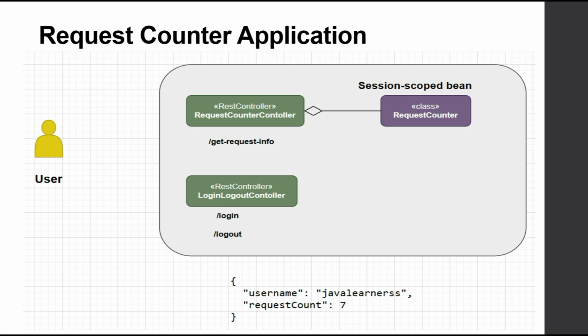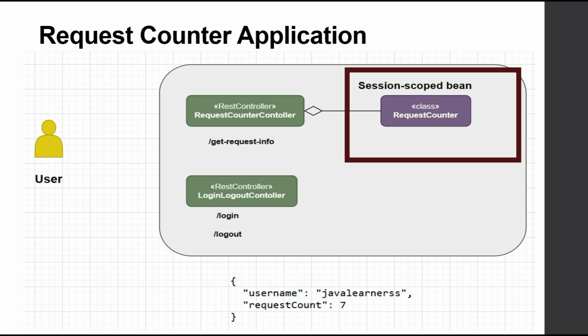The requests are tracked per session, so the request count must be maintained throughout the session. To maintain the request count throughout the session, we use a session scope bean that stores the request count. The session scope bean, RequestCounter, contains a variable requestCount that stores the number of processed HTTP requests.